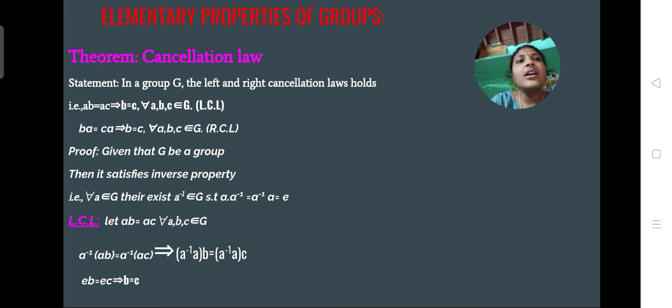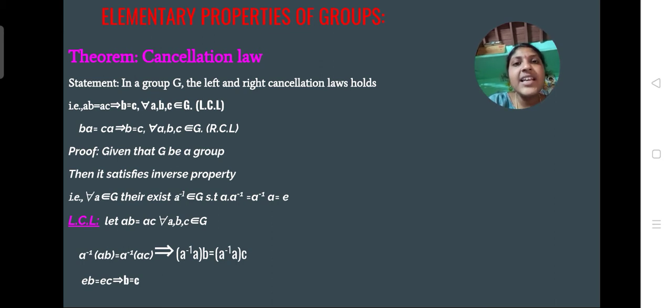So on the left side we multiply a inverse. Then we get a^-1(ab) = a^-1(ac). Here we apply the associative property, that is a(bc) = (ab)c.